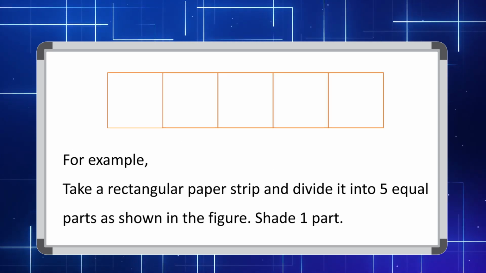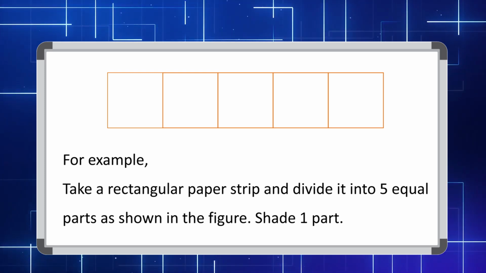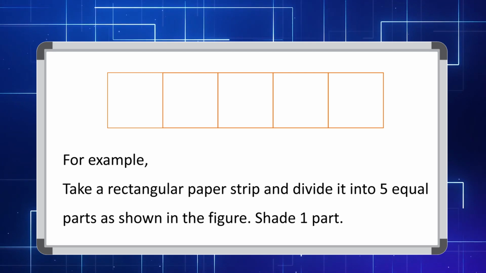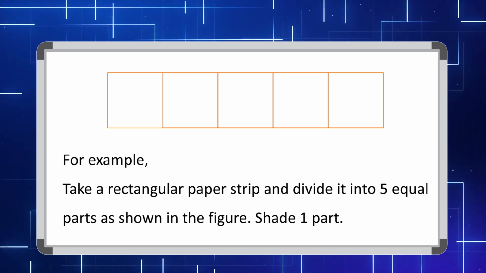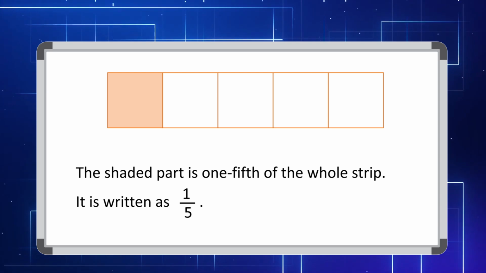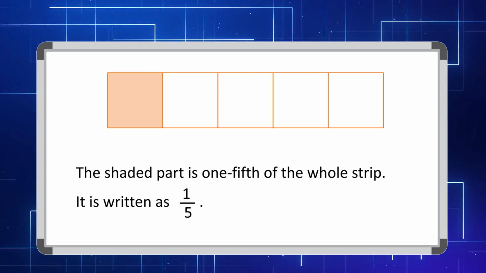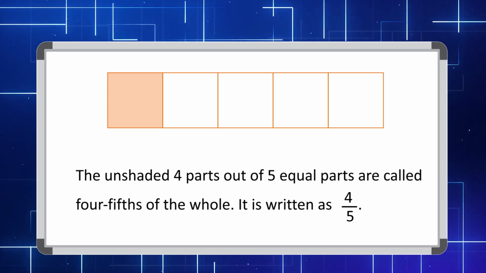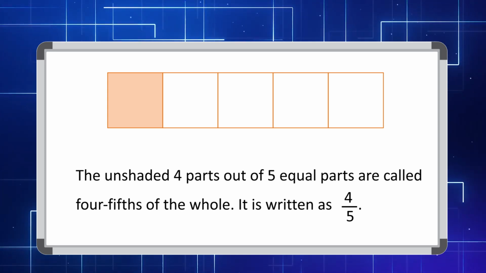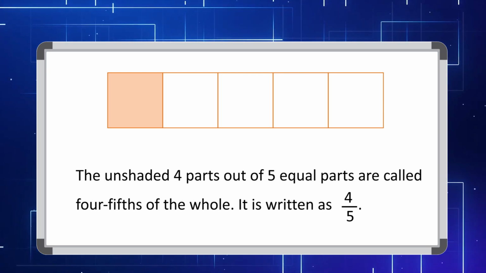For example, take a rectangular paper strip and divide it into 5 equal parts as shown in the figure. Shade one part. The shaded part is 1/5 of the whole strip. It is written as 1/5. The unshaded four parts out of 5 equal parts are called 4/5 of the whole. It is written as 4/5.